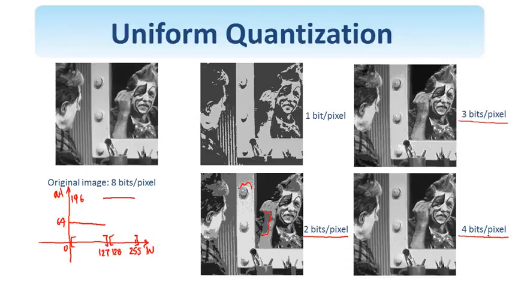Therefore, this uniform requantization is a simple, naive maybe, means to achieve compression. In this last case, the compression factor is equal to 2, since we go from 8 bits per pixel to 4 bits per pixel. VCDemo, the program I discussed earlier in the course, was used in generating these results.